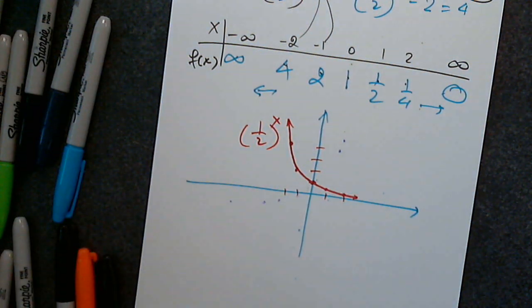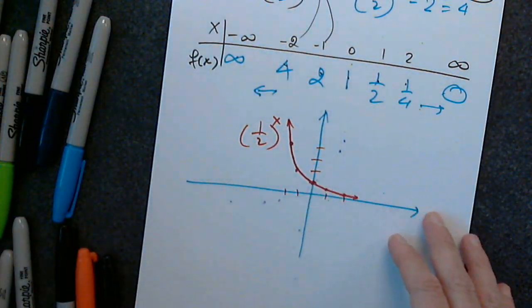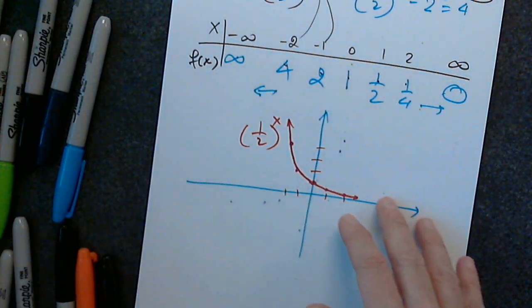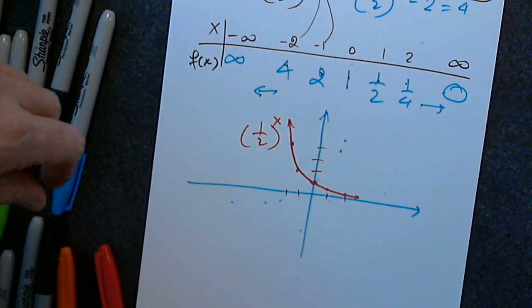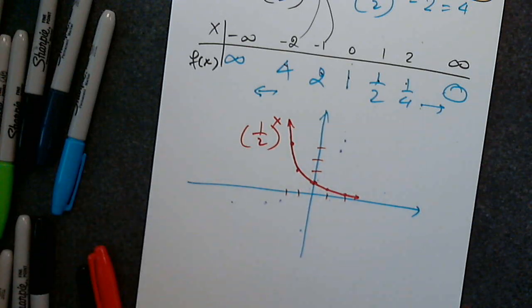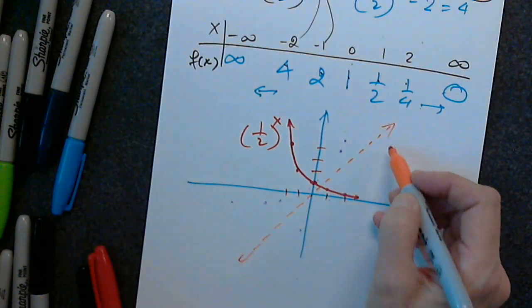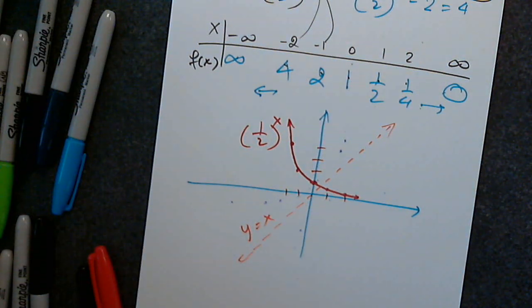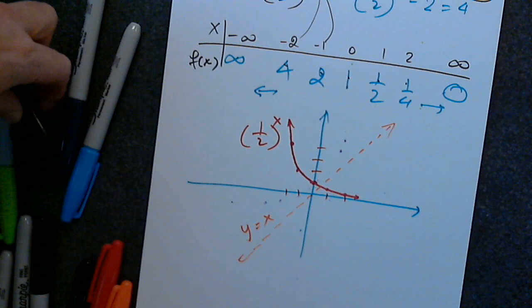So as we notice, when the base is less than 1, the function is no longer increasing but decreasing. Is it 1-to-1? Yes, it is 1-to-1. I want to graph the inverse function. I need your help. I know one point for sure.